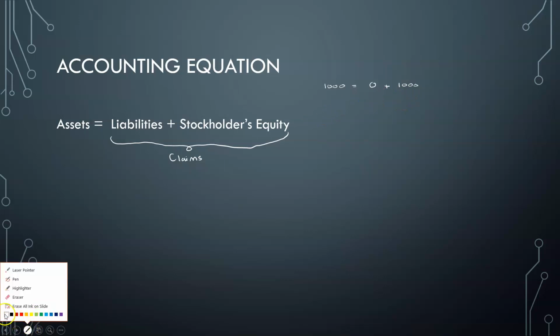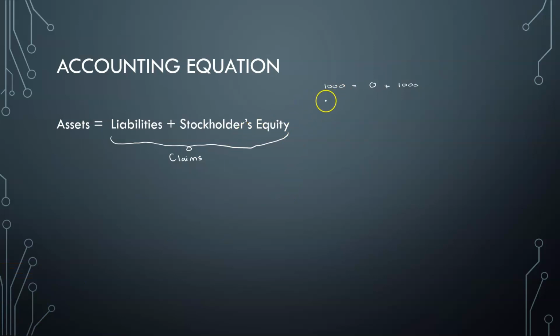Let's look at another example. Let's assume that a company has $2,000 of assets. They have $500 of liabilities and $1,500 of stockholders' equity. The accounting equation is in balance. 2,000 equals 500 plus 1,500. What does this mean?